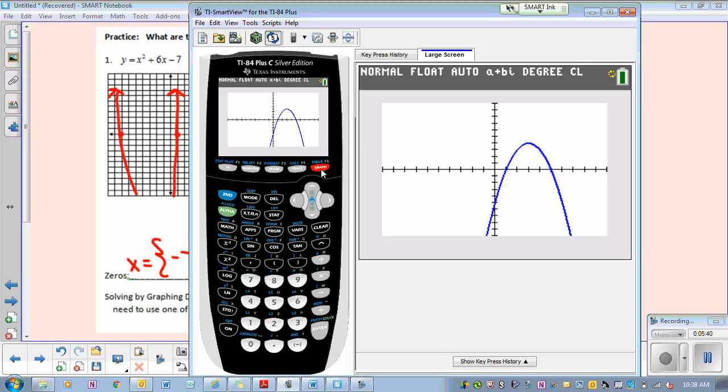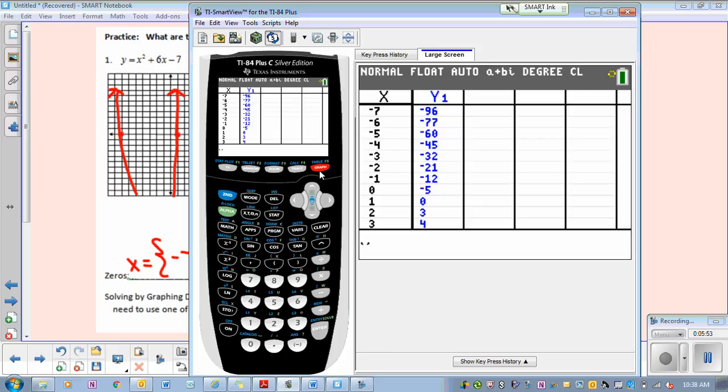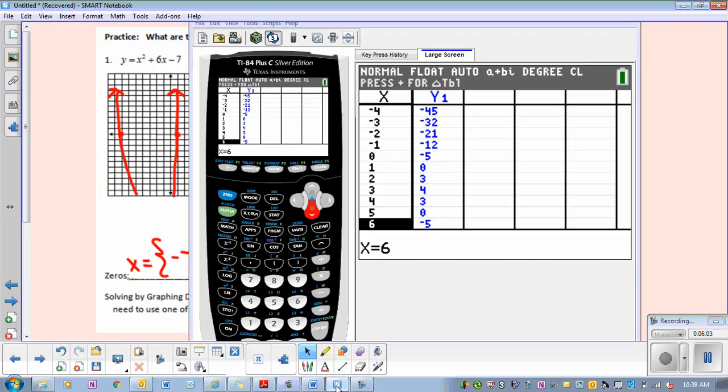Ooh, those look nice too. The x-intercepts. Where do they look like they're going through? Like what numbers? 1 and 5, right? 1, 0, and 5, 0. So those are my x-intercepts.